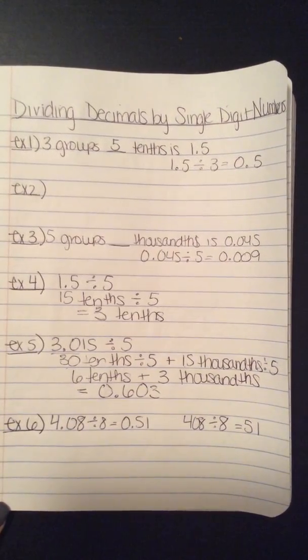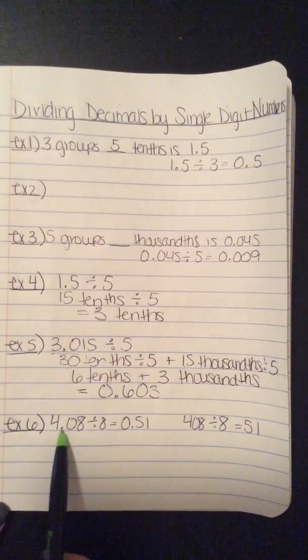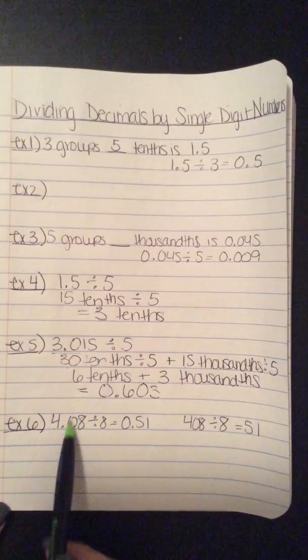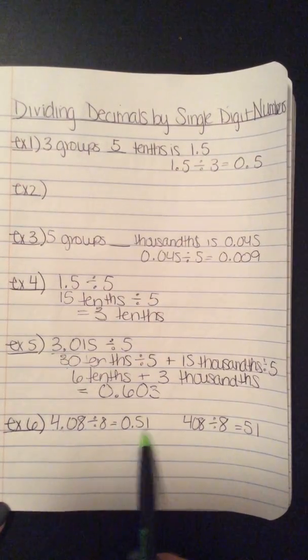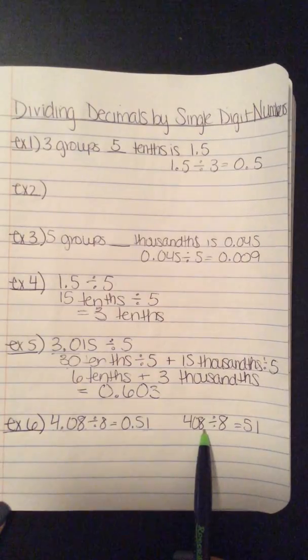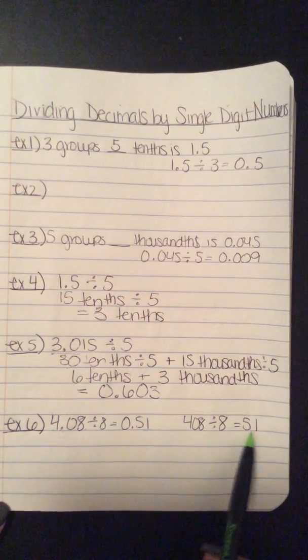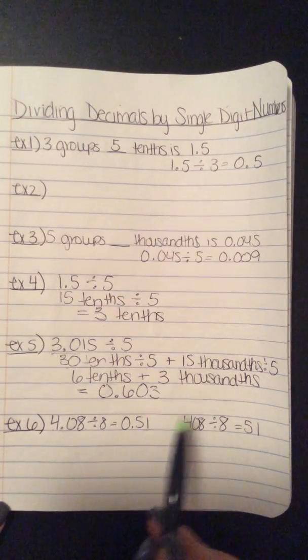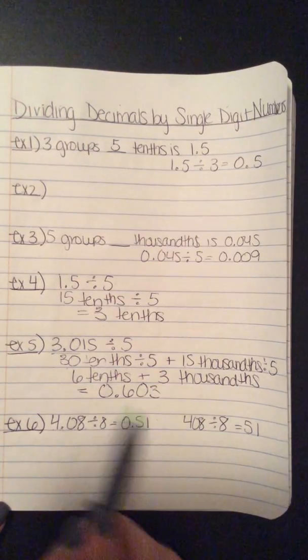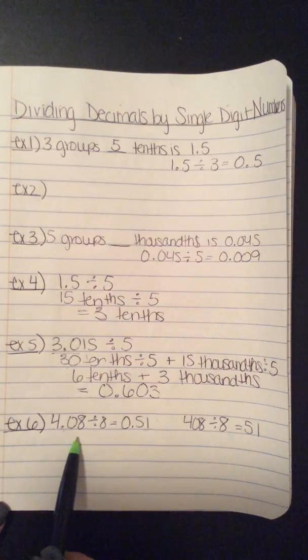So when we think about that, we want to think about the relationships here. Because 4 8/100, our answer is truly ending in that hundredths place, right? 408, our answer is ending in that ones place. So sometimes we can think about this whole number to help arrive at that answer in decimal form.